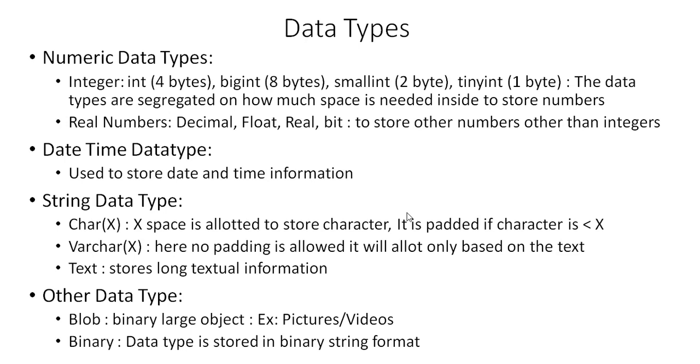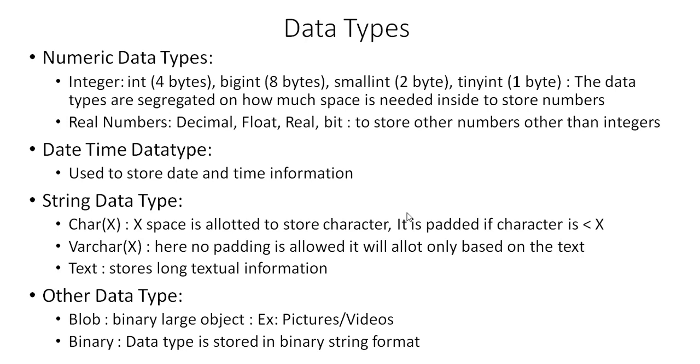Numeric data stores the numerical values. Some of them may be floating point values, some of them are integer values. Date time stores date or time or date time together. So to store those types of values, we use the date time data type.